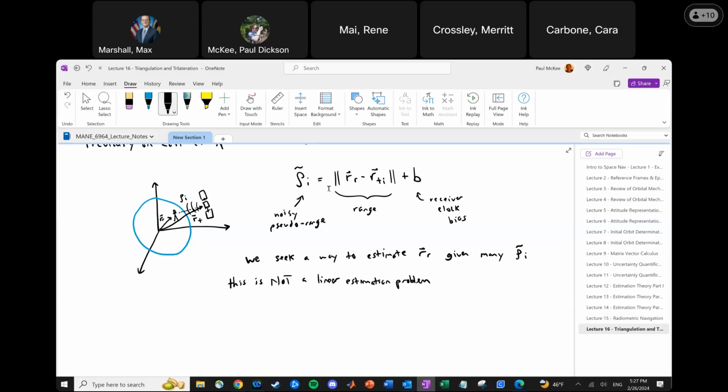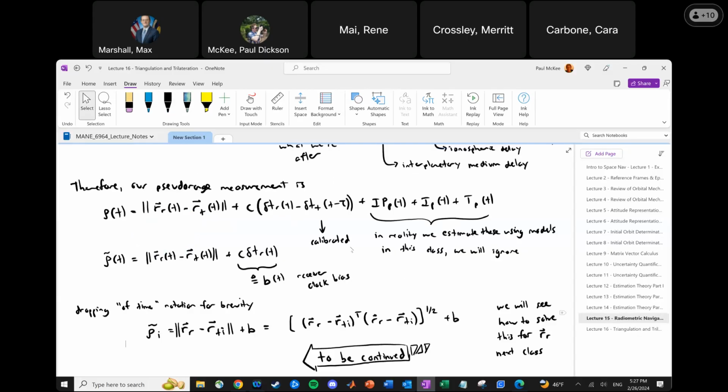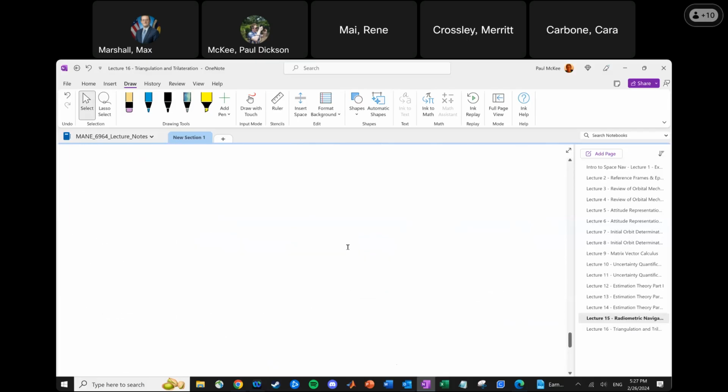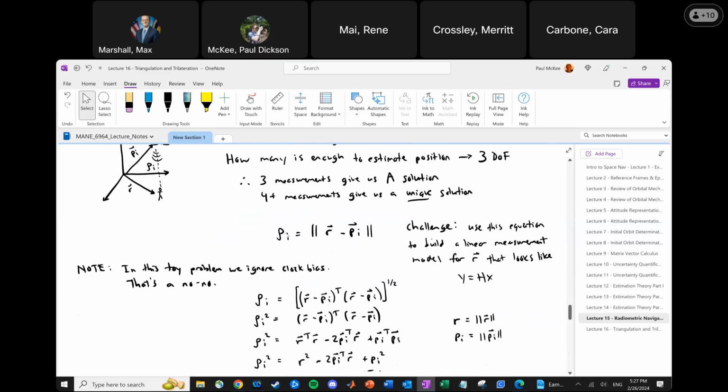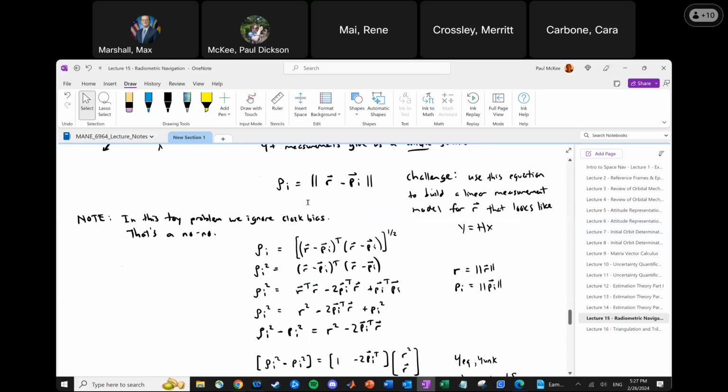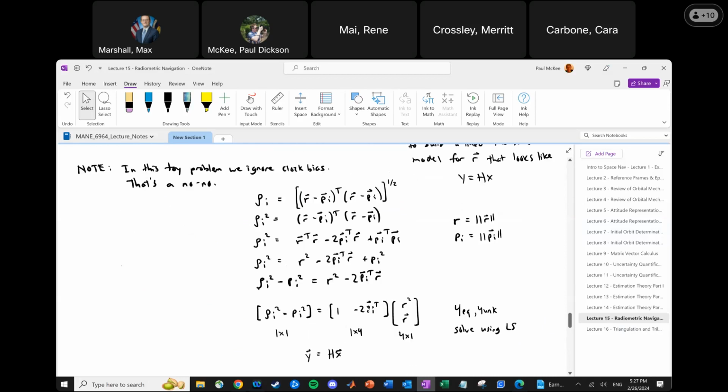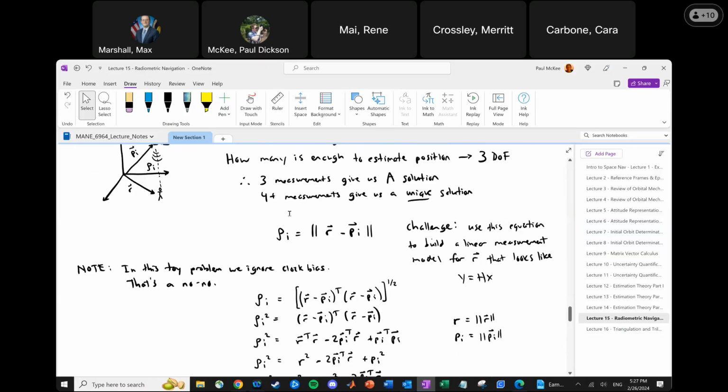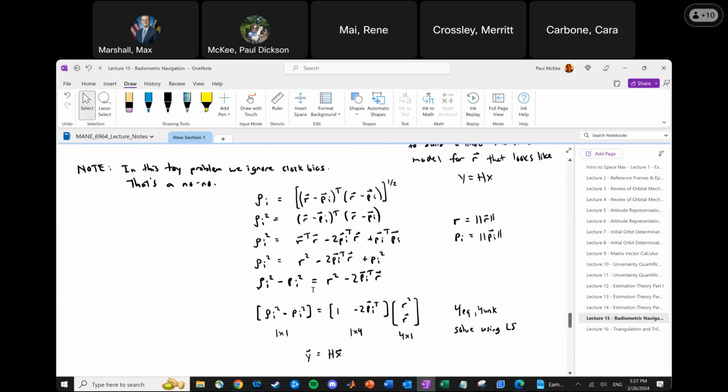Now, if we go back to last lecture, we went through kind of a toy problem, like a warm-up problem, where we started with this equation. Rho is just equal to your position minus the transmitter's position, take the norm. And then after not that many lines of math, we had a linear system of equations that looked like y equals hx that we could solve. And as a class, we're starting to get pretty good at going from the physics model to the estimation theory measurement model, right?